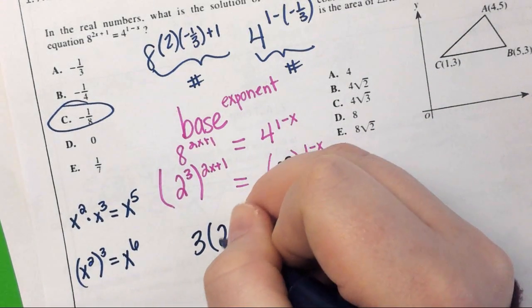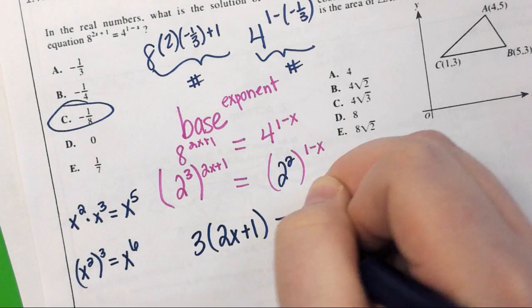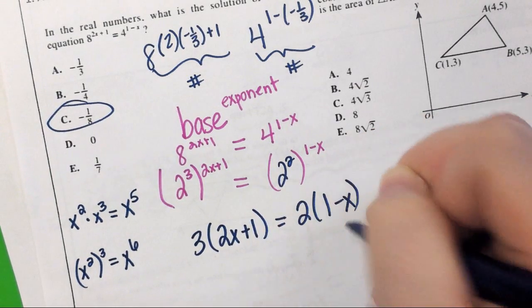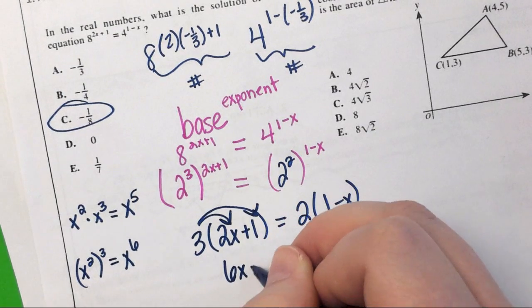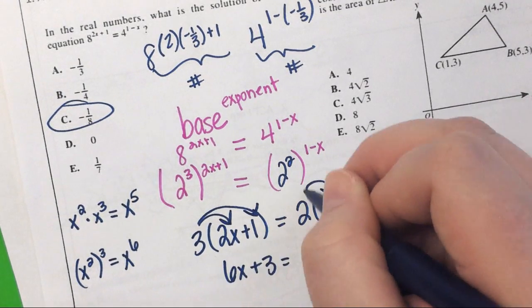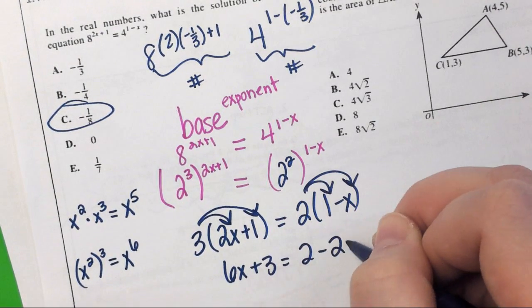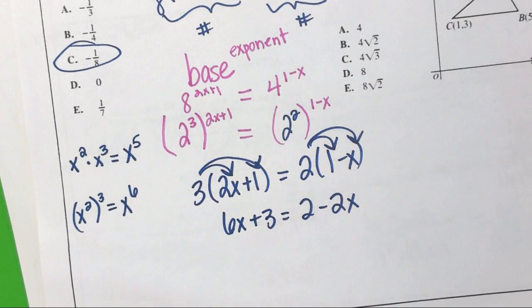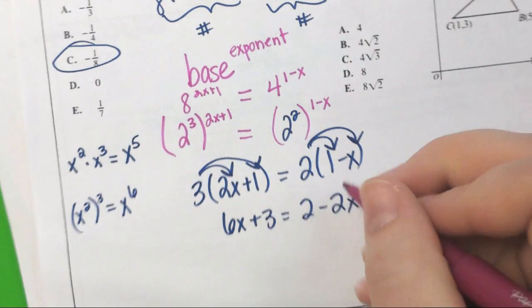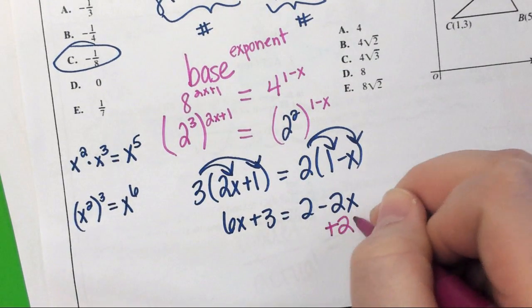So 3 times 2x plus 1, very good answer. And then 2 times 1 minus x. When you distribute, you get 6x plus 3 equals 2 minus 2x. And this sounds like a lot of work, and so those who wanted to just plug in might get to the answer a little faster than I am.